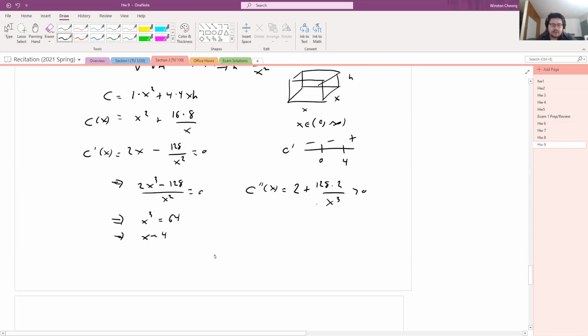And so since this is true, we can conclude that x equals 4 is going to correspond to the absolute min for the cost function. And the reason is by the second derivative test for absolute extreme values. I'm just going to abbreviate that for sake of time.